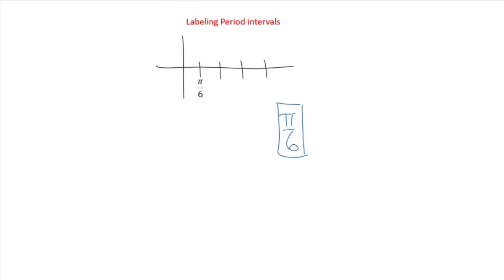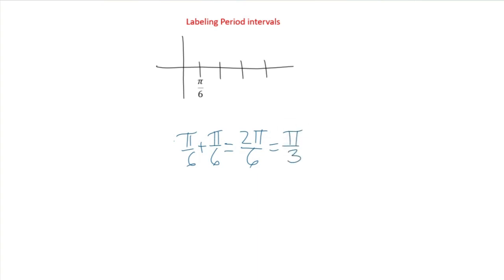So we have pi over 6, and we add the distance of our intervals, which is another pi over 6. So this is going to equal 2 pi over 6, which can be simplified to pi over 3. That is going to be our next interval.